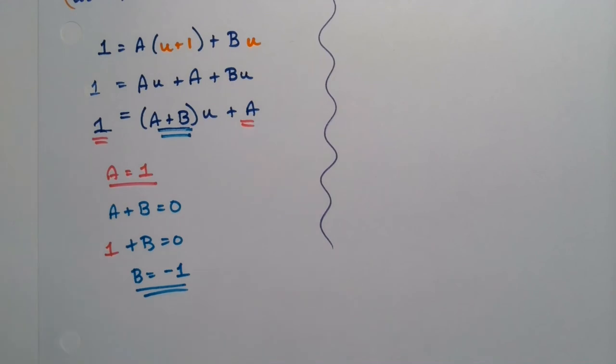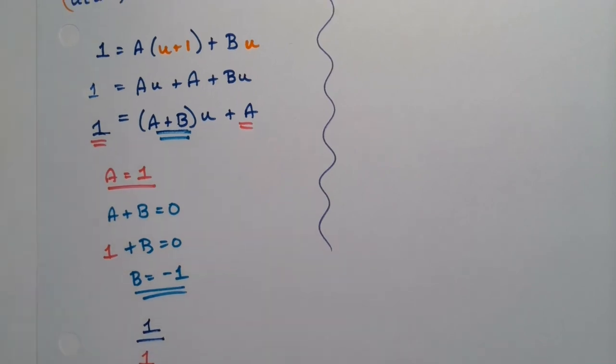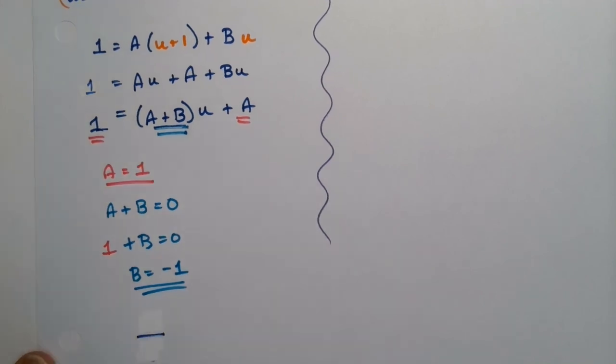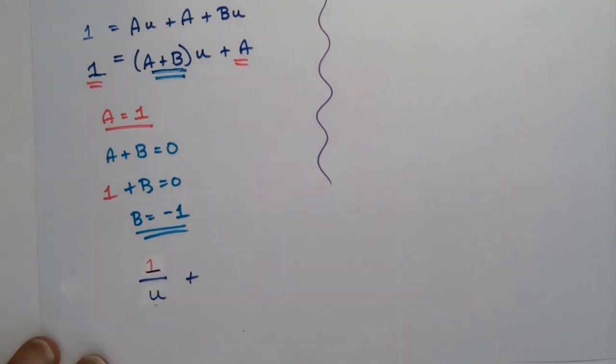Okay, so that means that I could rewrite it as 1 over u, I got my colors mixed up here, sorry, 1 over u plus negative 1, so I guess I could say minus 1 over u plus 1.